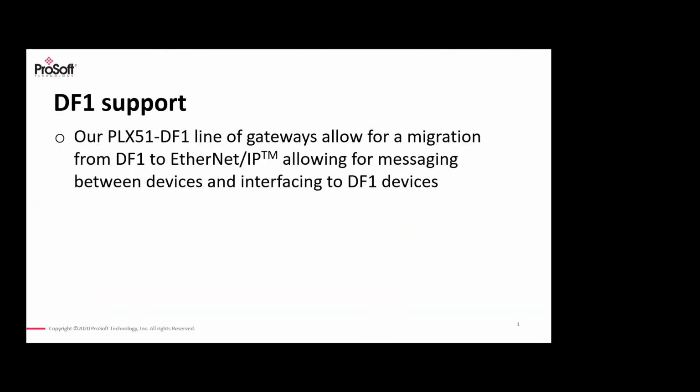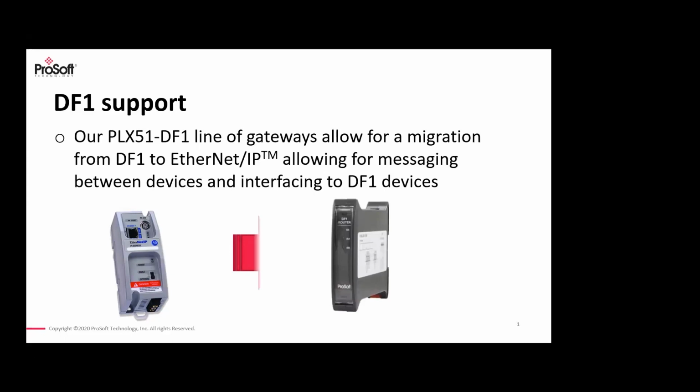That was remote I/O. Now we move on from DH Plus to DF1 support. Our PLX51 DF1 gateway allows you to migrate from DF1 to EtherNet/IP, replacing the now discontinued NetENI modules from Rockwell, while giving you a little bit more functionality, which is our DF1 router gateway.